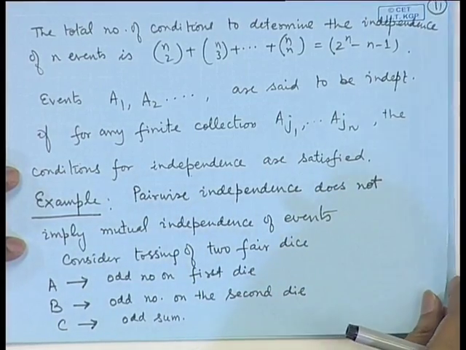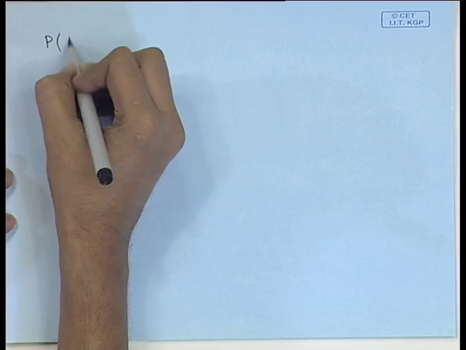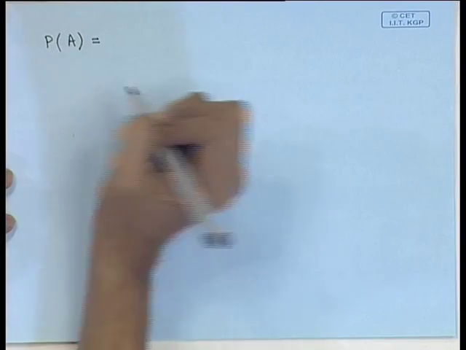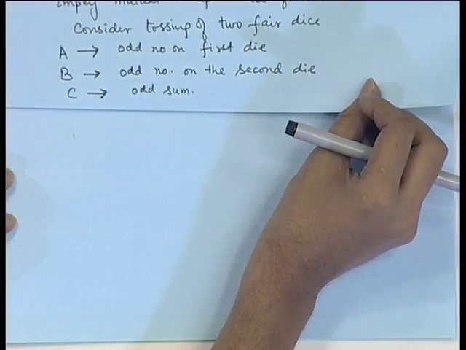Let us consider the probabilities of A, B and C. So, if we look at probability of A, odd number on the first die, it means you have 1, 3 and 5 on the first. The total number of possibilities here is 36 and odd number on the first means 1 1, 1 2, 1 3 up to 1 6, 3 1, 3 2, up to 3 6, 5 1, 5 2, up to 5 6.